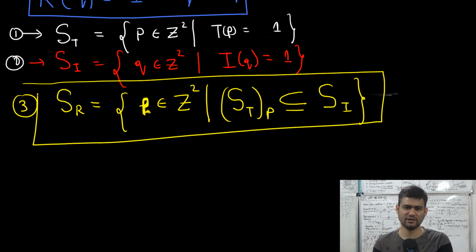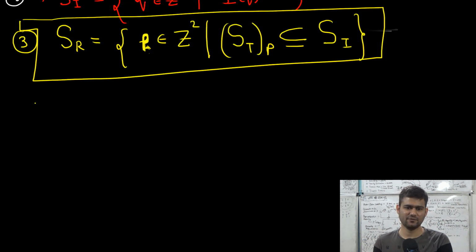So this is a formal mathematical definition of our set SR obtained by eroding the image I with a structuring element ST by applying an operator T that contains our structuring element.